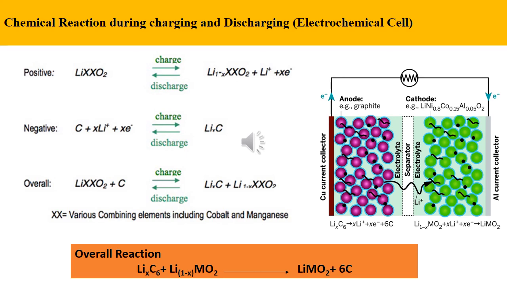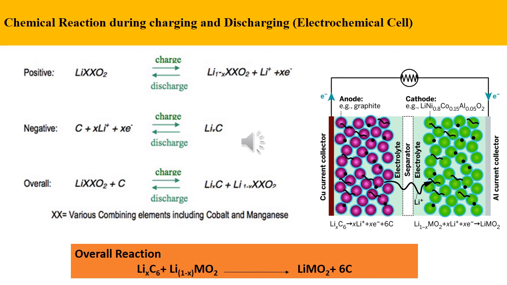That is the reaction. So lithium ion is released from the anode. The anode is carbon material, so it can be represented as LixC6. So LixC6 gives xLi+ plus x electrons plus 6 carbon. This lithium ion is moved to the cathode.